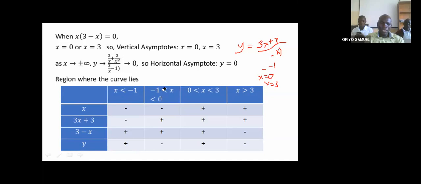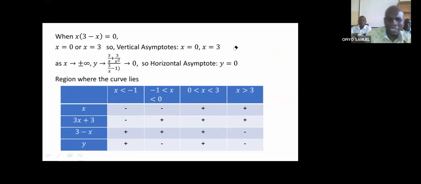We now investigate the other intervals in the same way. When we do that, we come out with this table where we have y positive, negative, positive, negative. So this is where y should lie. That is another important thing. There are 4 main things you must investigate in order to sketch a curve.